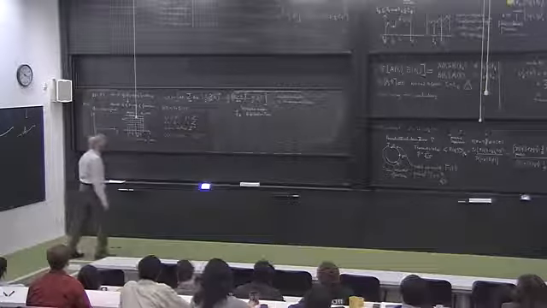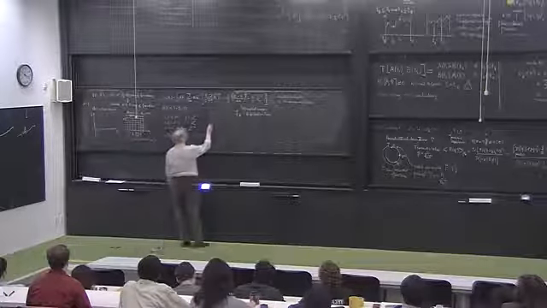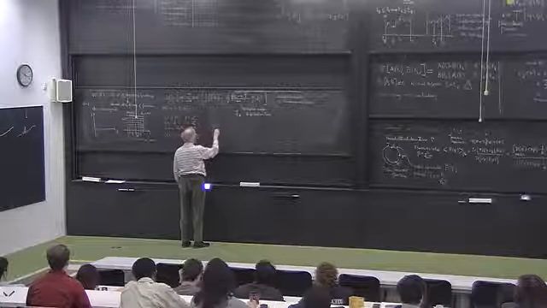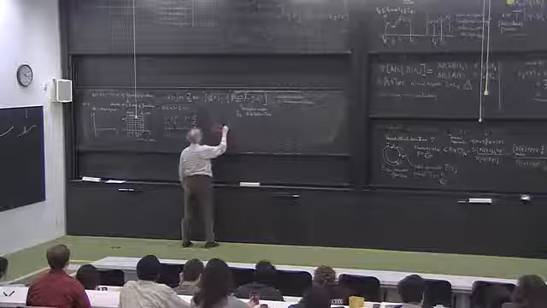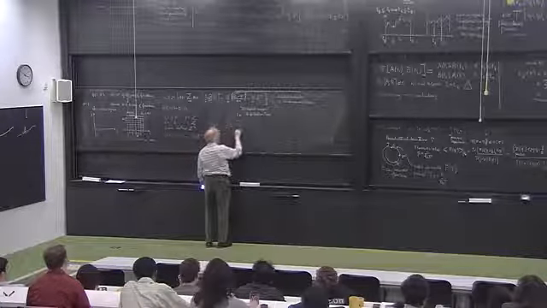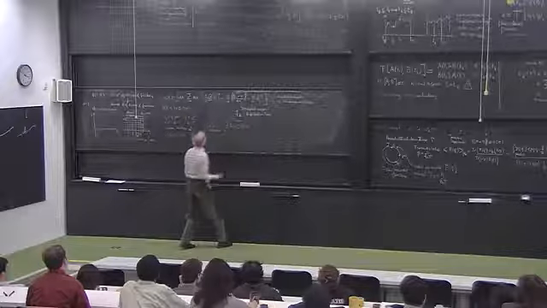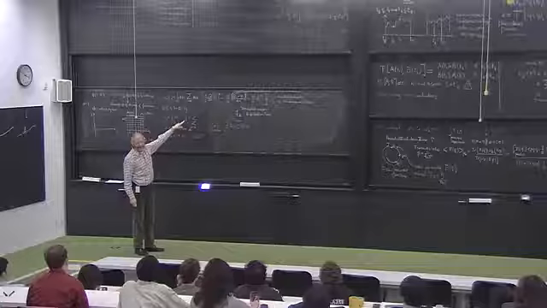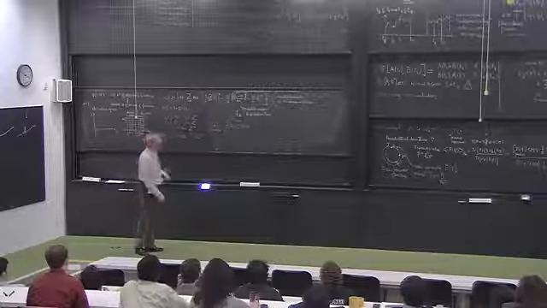And then you can discretize S of phi as a sum over g delta t, sum over i delta x. Then you discretize also the time derivative, as we did for the harmonic oscillator.